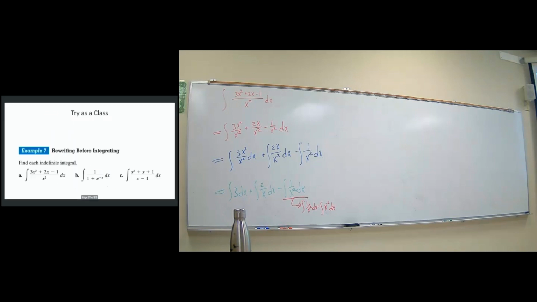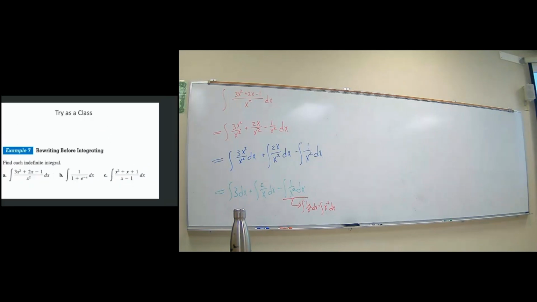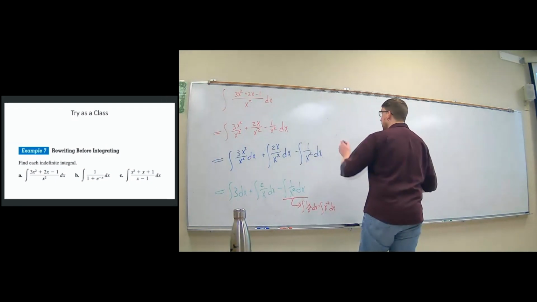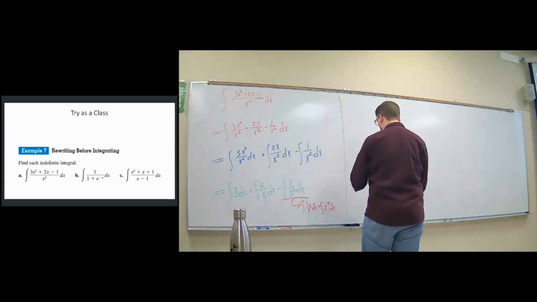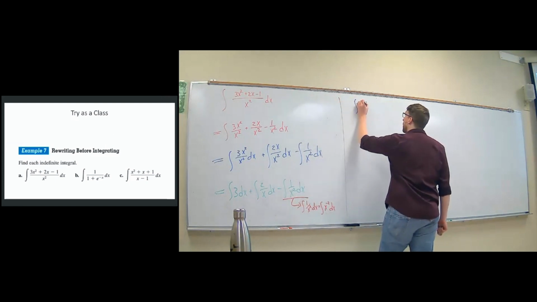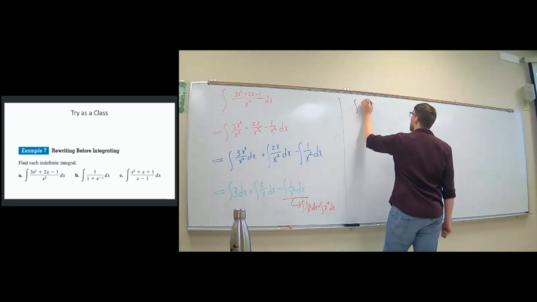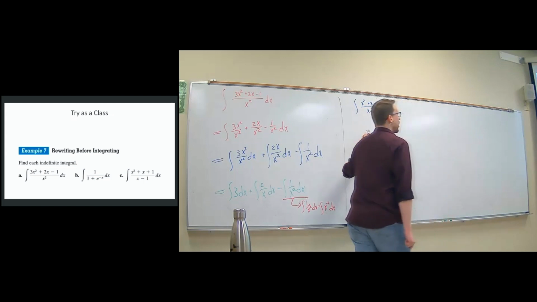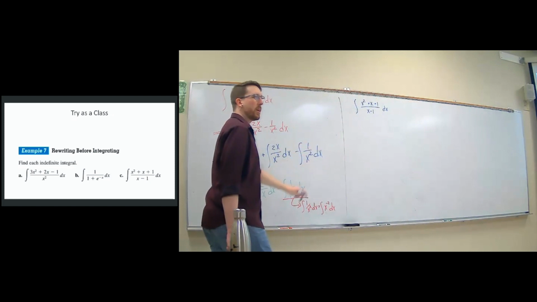Now, in the case of C, C is actually a lot easier than what it might look like. For C, we're going to start off with the integral of x squared plus x plus 1 divided by x minus 1 dx. Can we factor this out?